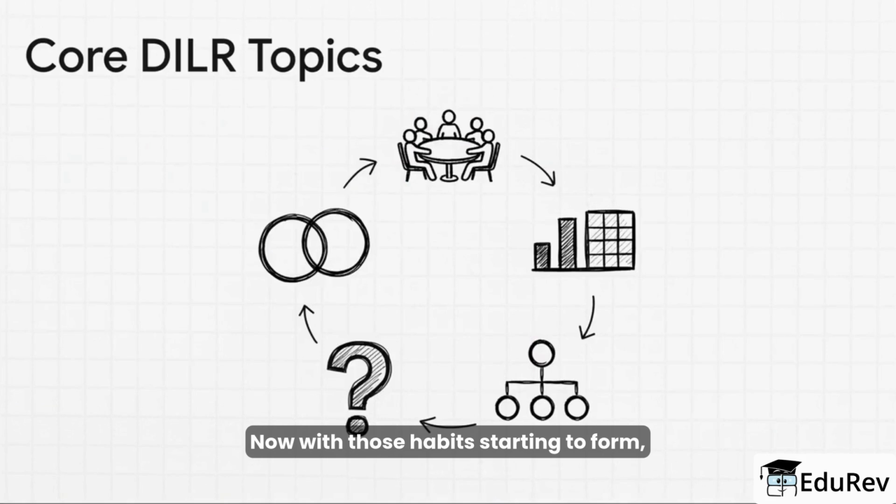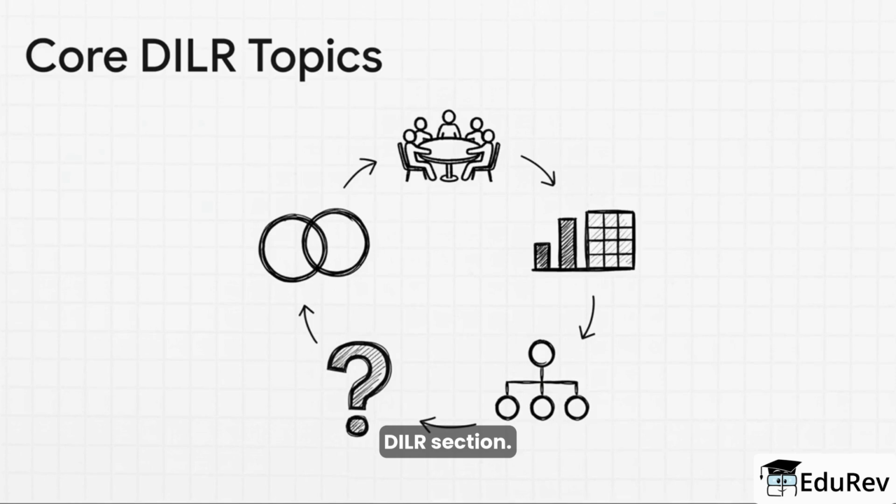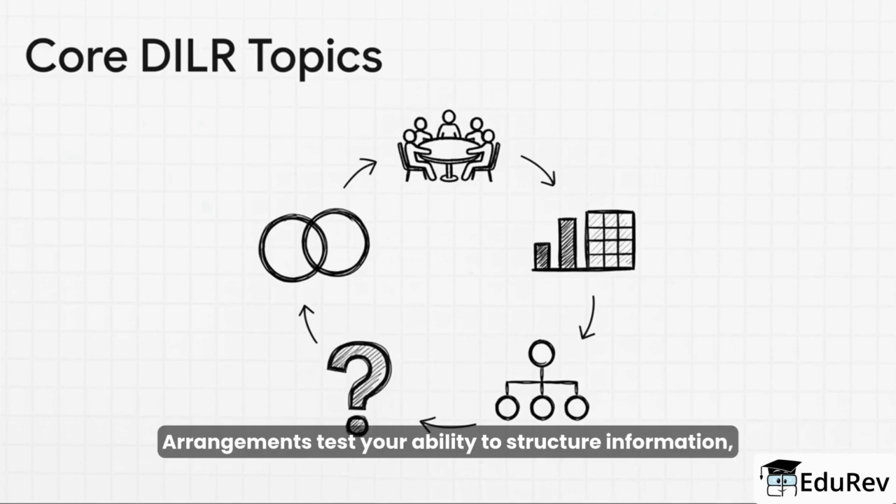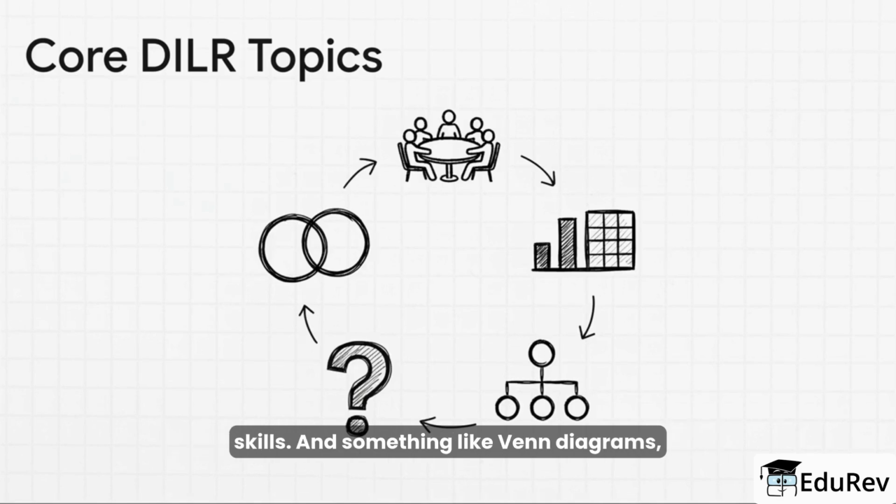Now with those habits starting to form, we can move on to the core technical skills. The topics you see here are the absolute backbone of the DILR section. Arrangements test your ability to structure information, while graphs and tables test your interpretation skills. And something like Venn diagrams is all about understanding overlapping sets, which comes up a surprising amount.